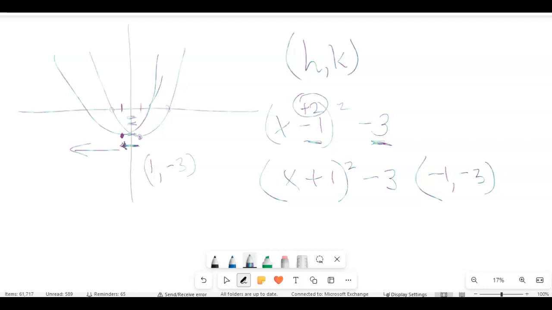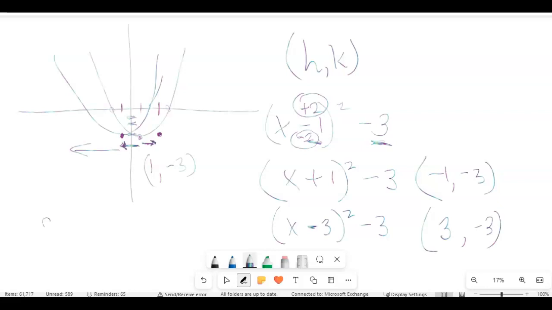Because I added 2. Now, however, if I were to subtract 2 from the original equation, so let's make that x, instead of plus 2, I'm going to do minus 2. So now it's (x minus 3) squared minus 3. My new vertex is now positive 3, -3, which means that over here, 1, 2, 3, my new vertex is here, which means now I've moved to the right because I subtracted 2.